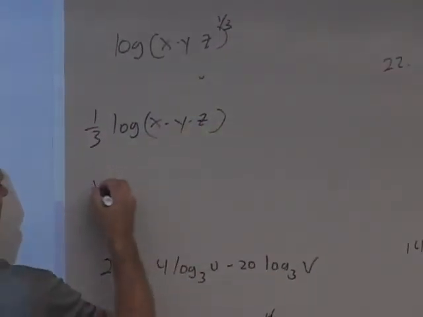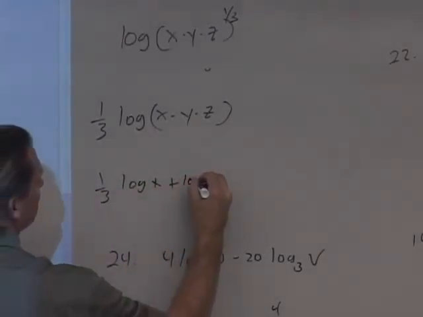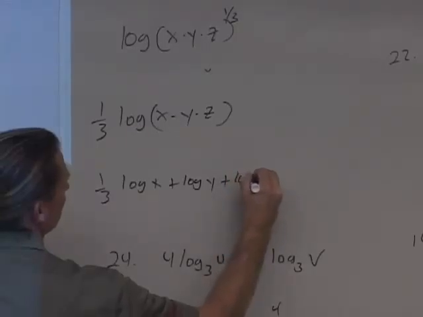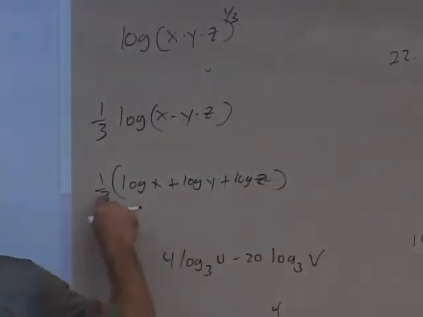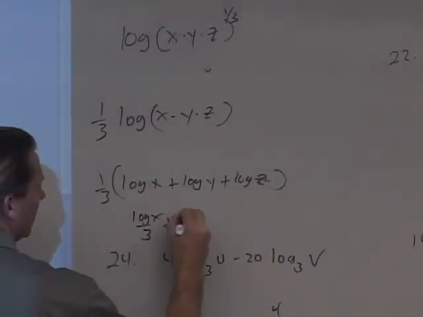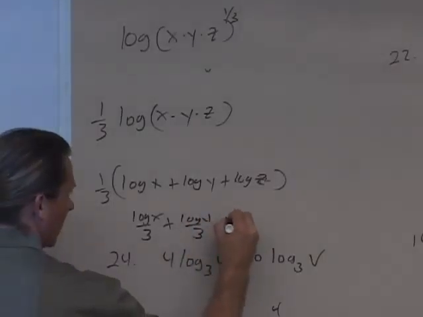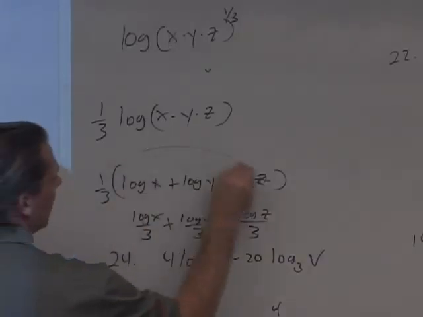So just for your knowledge, when you have a series of multiplications, it becomes a series of additions. Remember, that's a z. Still inside parentheses because they all get the 1/3. Finally, you can say log x over 3 plus log y over 3 plus log z over 3 when you distribute the 1/3 to every piece.